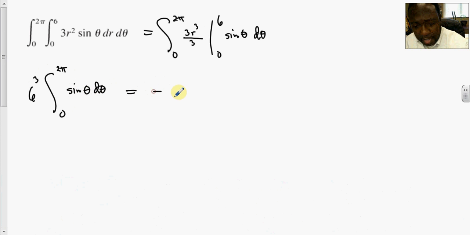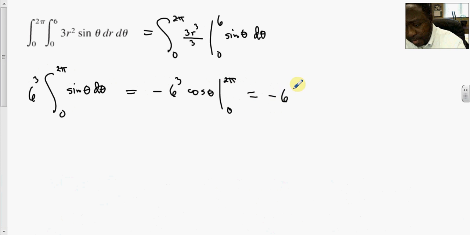That gives us negative 6 to the third times cosine theta, evaluated from 0 to 2 pi. And so that gives us negative 6 to the third times the cosine at 2 pi, which is 1, minus the cosine at 0, which is 1. And so all we have left is 0.